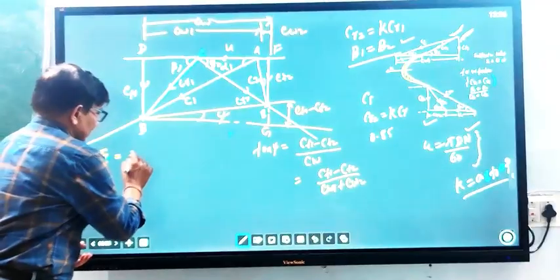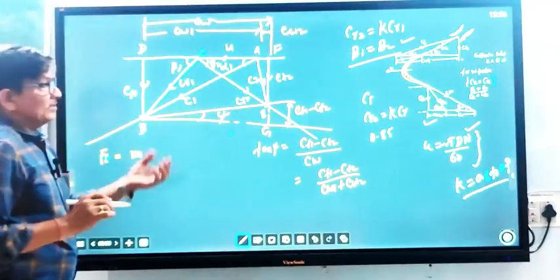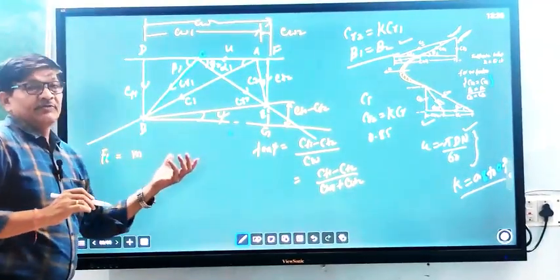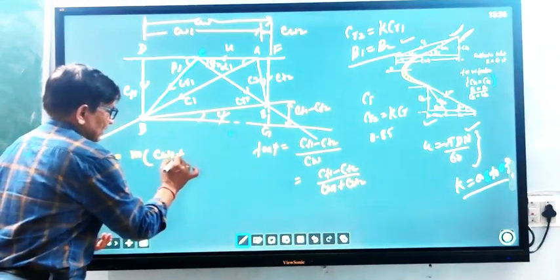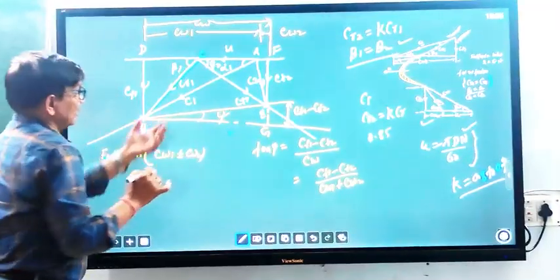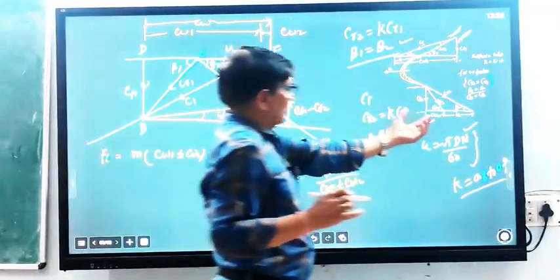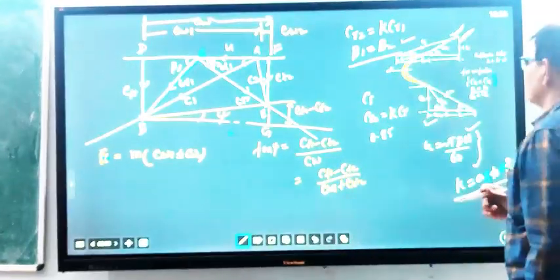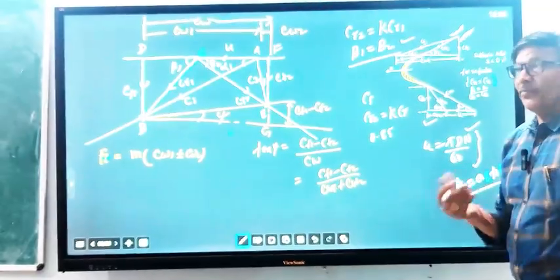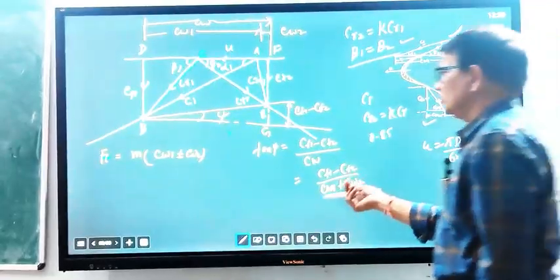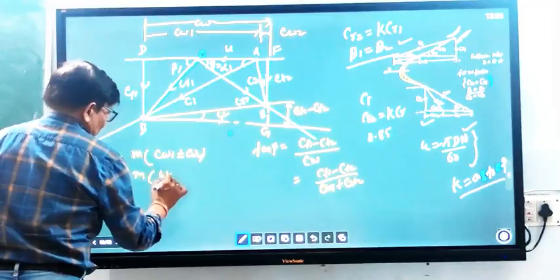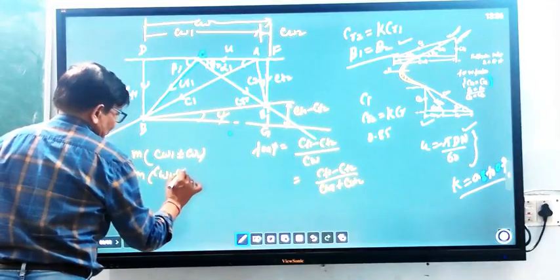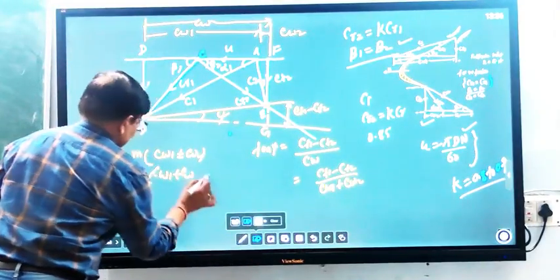So you calculate M, because rate of change of velocity means per second how much velocity is changing, CW1 plus or minus CW2. Here you can see from this diagram that the whirl component of the exit, CW2, is opposite in direction, so it is equal to M into CW1 plus CW2.